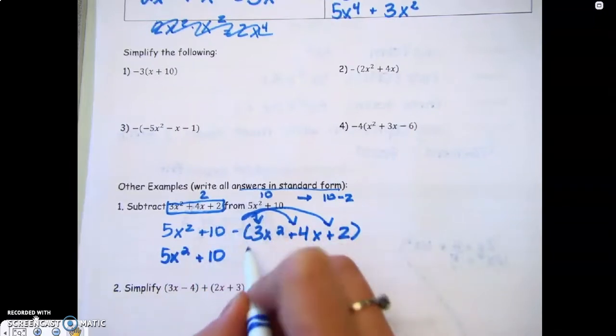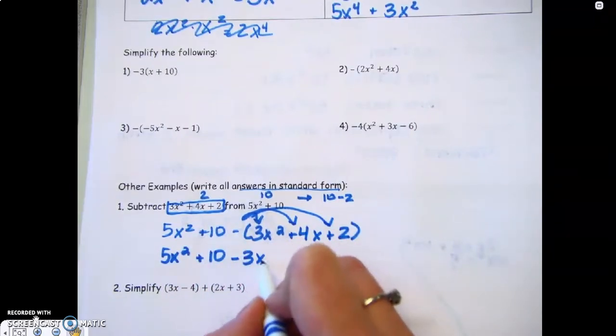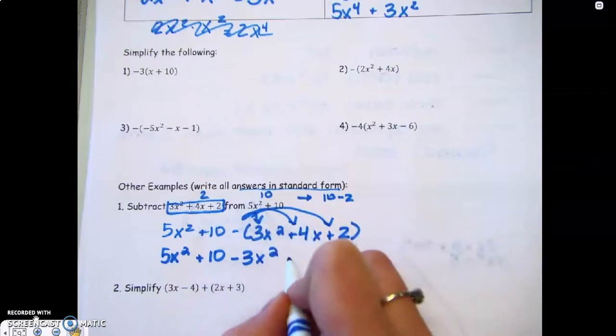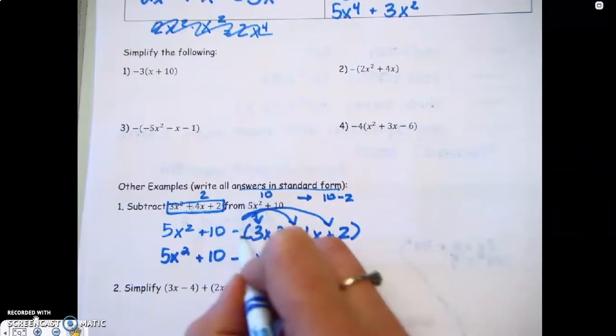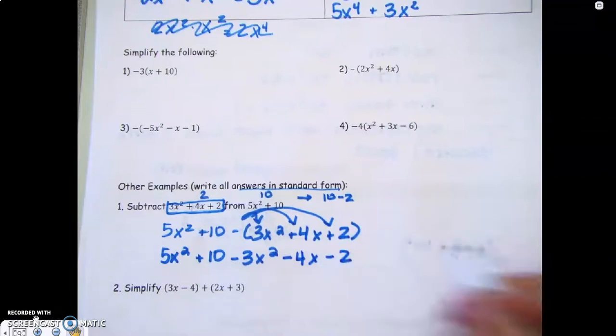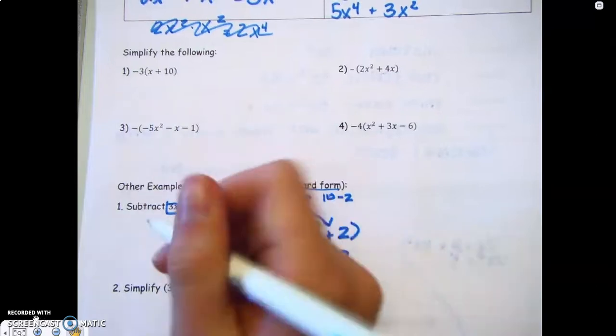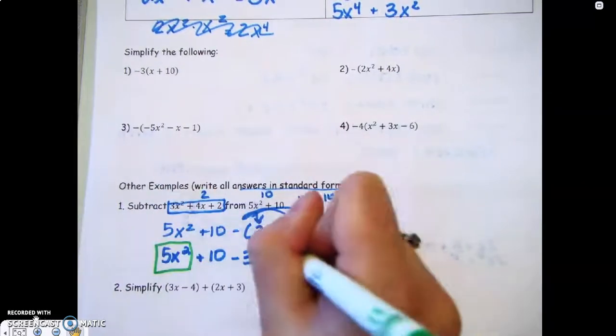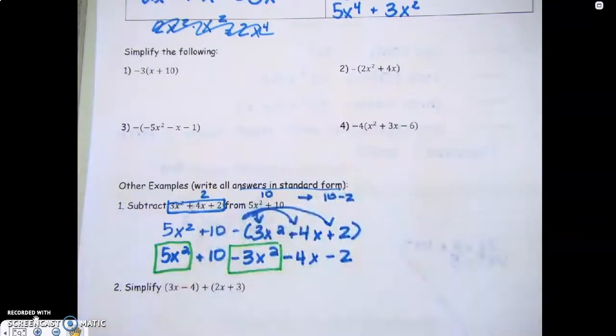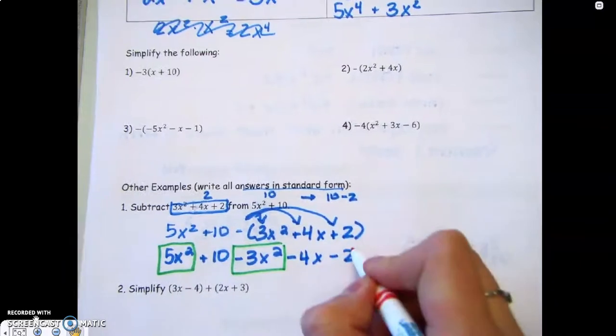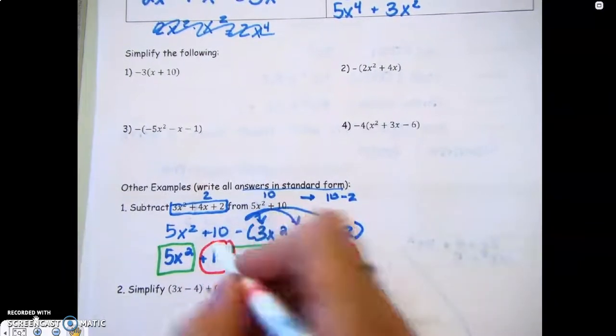So negative 1 times 3 is negative 3x squared. Negative 1 times 4x is negative 4x. And negative 1 times 2 is just negative 2. And then I go through and think, what are like terms? Well, these both have x squared, so I can add those together. 4x doesn't have a like term, but negative 2 and 10 are like terms.